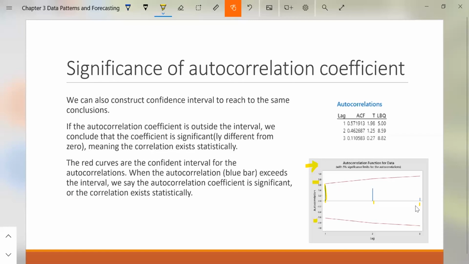And of course, one potential reason could be that our sample size is so small. But that's what we can conclude from the sample data. Okay.